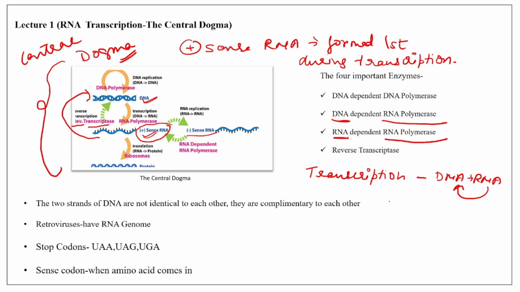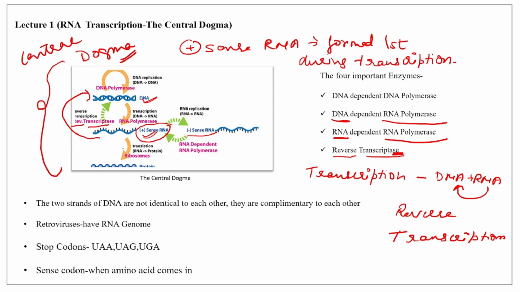The reverse of transcription, so it would be reverse transcription. The enzyme which is required for this reverse transcription is reverse transcriptase. Ase means enzyme, the enzyme which is causing reverse transcription, that is reverse transcriptase.